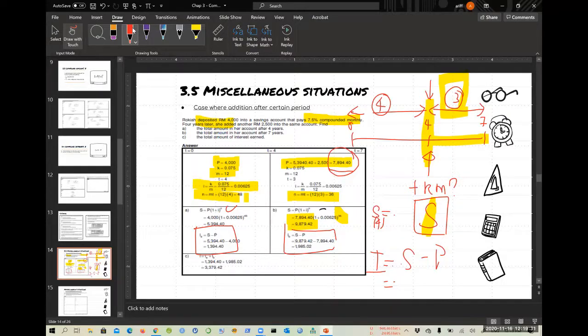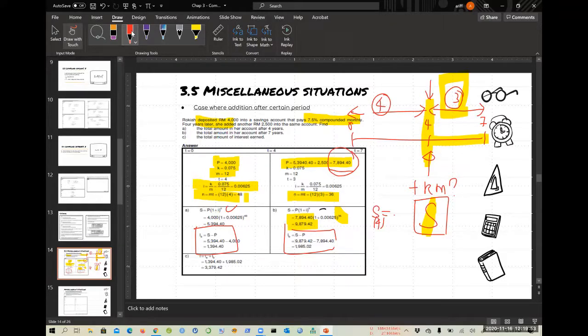Okay, so in this situation, whenever you want to calculate the interest, because you have an additional value, the formula is a bit different. You cannot just simply say S minus P, because if you use S minus P, you're going to make a mistake.